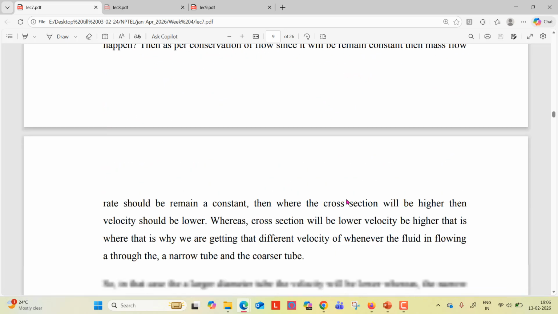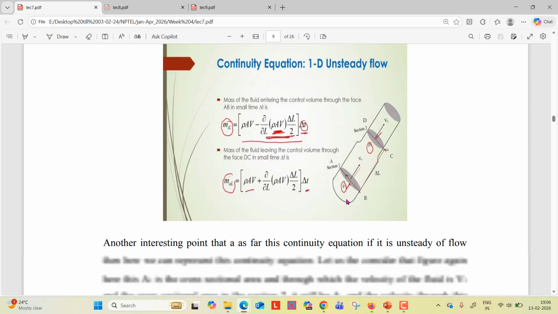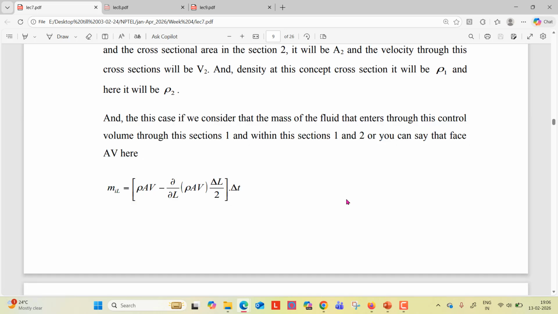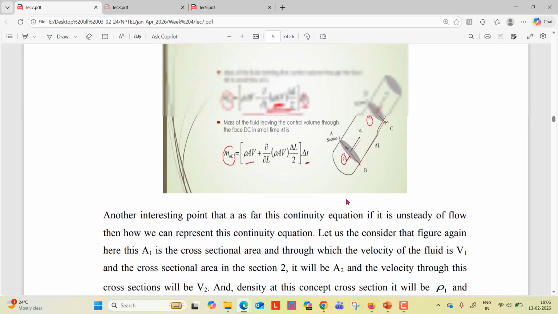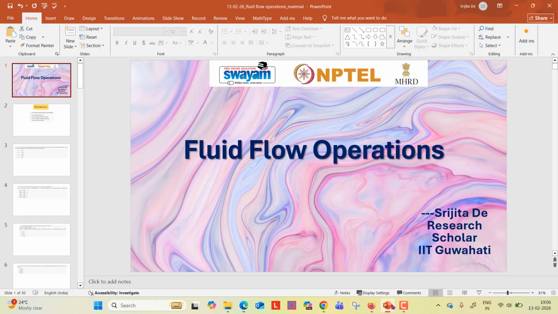So this is the continuity equation for 1D unsteady flow. So I will be explaining it in a little bit different way from what sir has taught, but it is the same thing. The final thing will be coming same. So let's start that. Okay, I will be coming back time to time with these equations and lecture. Okay, let's start.